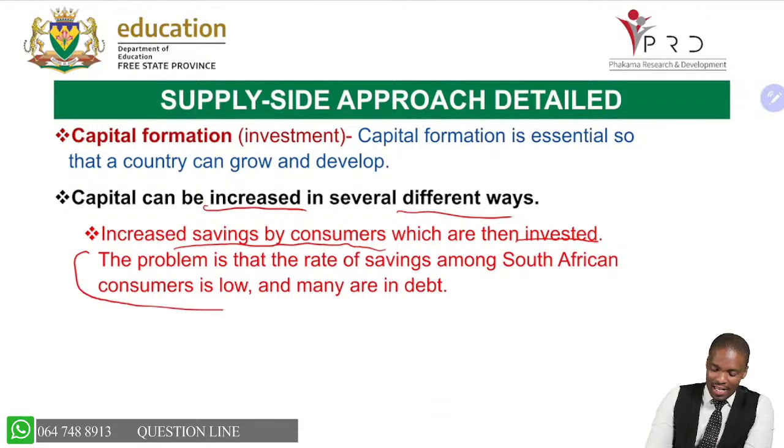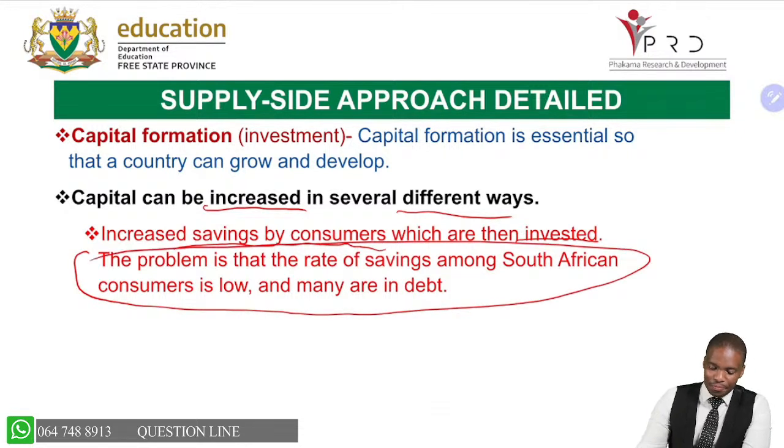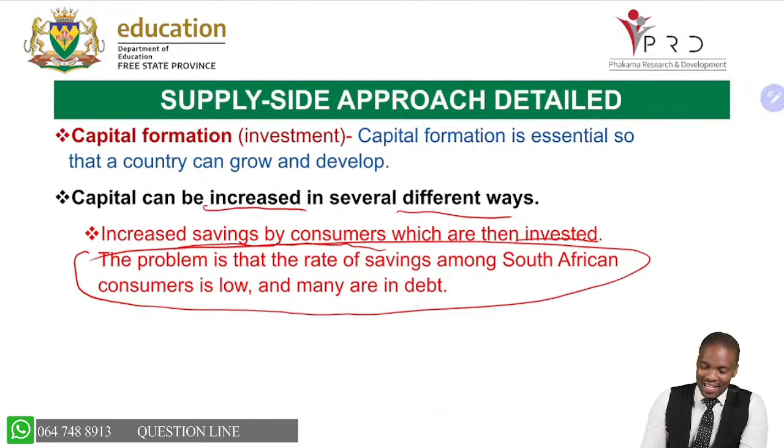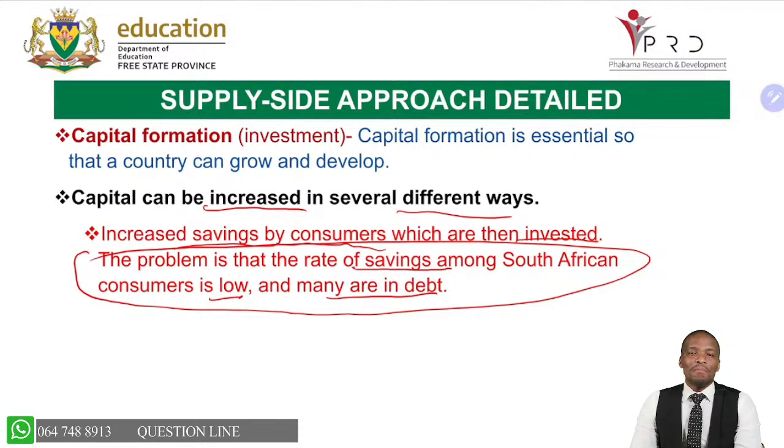Now we want to highlight here that the problem in South Africa is that the saving rate is very low because many people are in debt. So rather than having more money that is saved, that can also be in capital form later on, people spend on paying debts or they spend on goods and services.